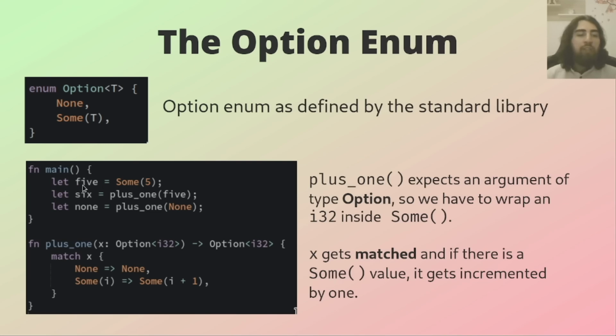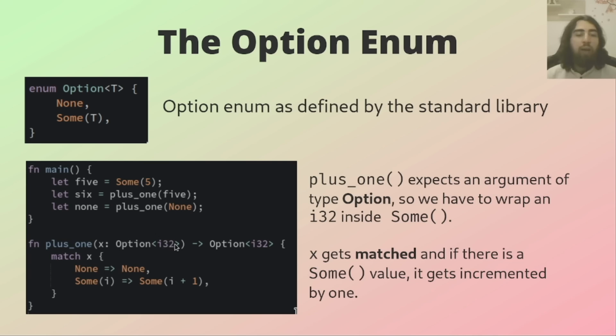We are here initializing the variable five with the variant Some holding an integer value, right? And then over here, we are calling the function plus_one, providing it five. So let's see here. As you can see, the argument should be of type Option, and the type parameter here would be i32.